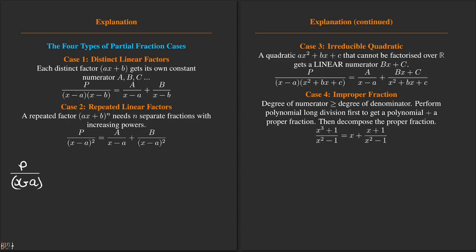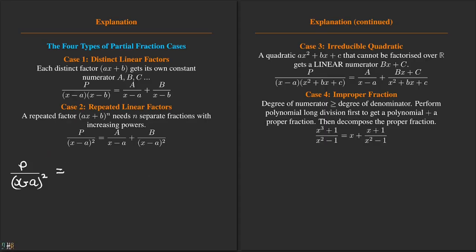So in the case where we have repeated linear factors, this time around there's going to be a square over here. Or in other words, you can simply say p over x minus a, and then x minus a, so it is repeating itself. Now, anytime we have it of this form, we don't just write it as we did for the linear factors that were not repeating.